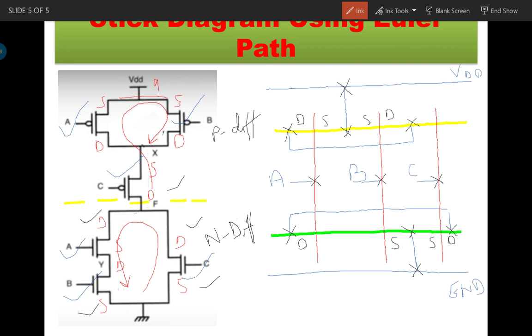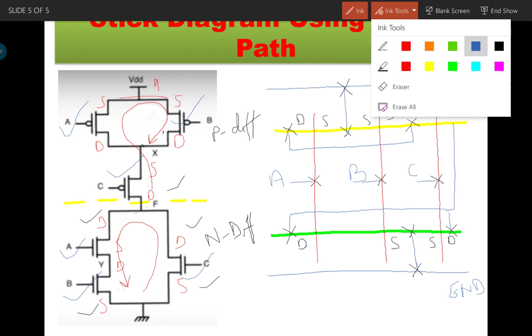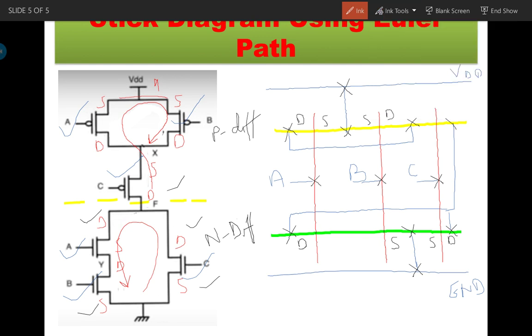So C here, they are connected like this. Again I have to take the blue line and connect like this. So the drain of A is joined with the drain of B of the NMOS, they are both joined together, and they are connected with the drain of the C input PMOS, so they are connected with the PMOS like this.